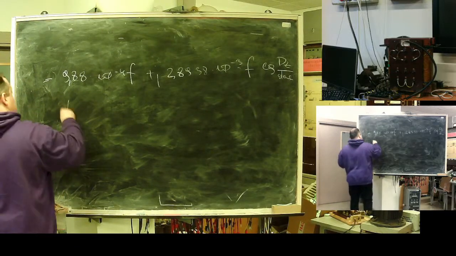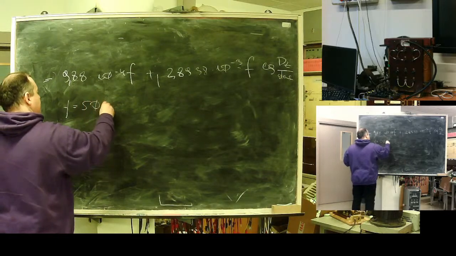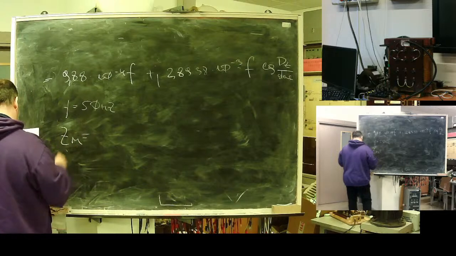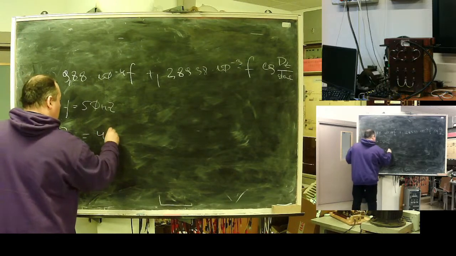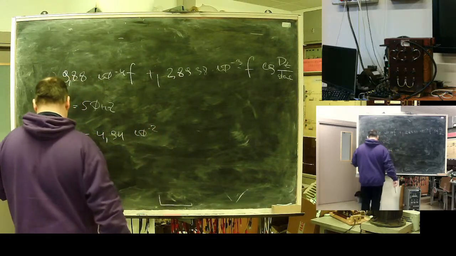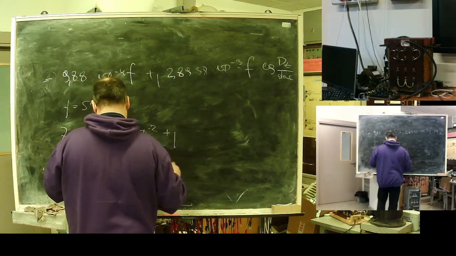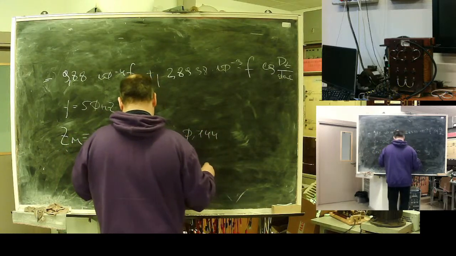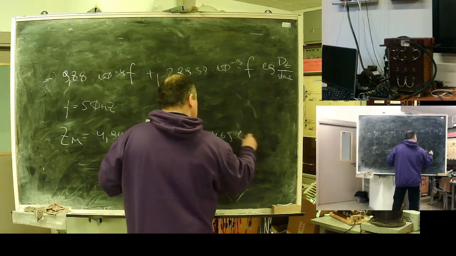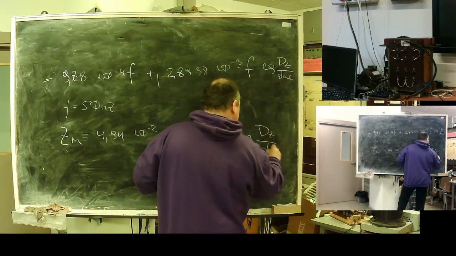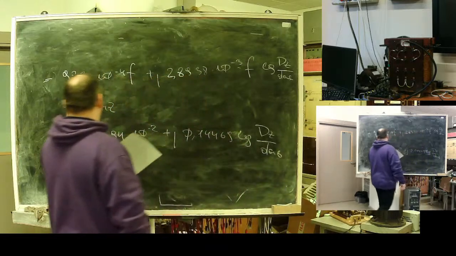For 50 Hertz, this value will be 4.94 plus 0.14469 logarithm by DAB. This is for 50 Hertz.